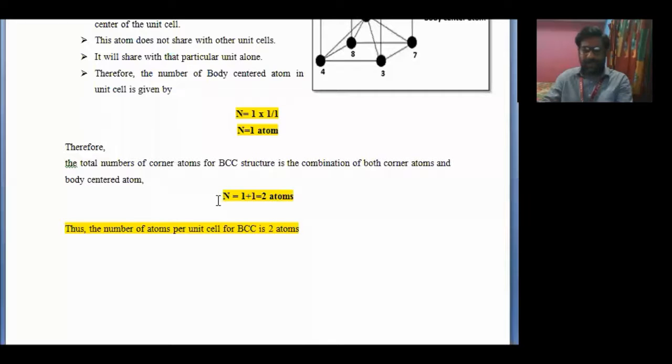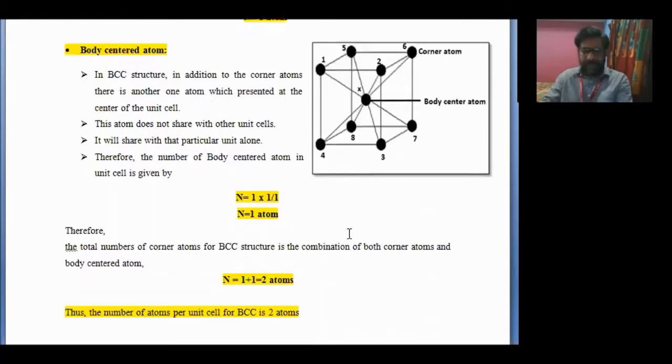So we can write n is equal to 1 plus 1 is equal to 2 atoms. So 1 for the corner atom, 1 for the body atom. So the total number is 2 atoms. Thus, the number of atoms per unit cell for a BCC is 2 atoms. So the first parameter is over.